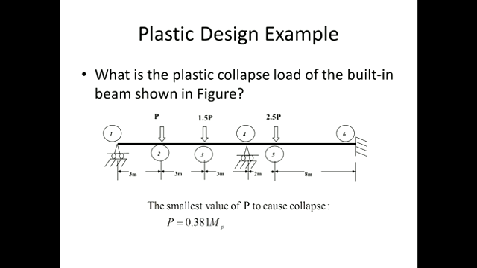What happens in a beam is that as you load it, failure is always governed by the weakest point, unless you have a symmetrical beam. So it always targets the weakest point, and that is where the hinge is going to form.